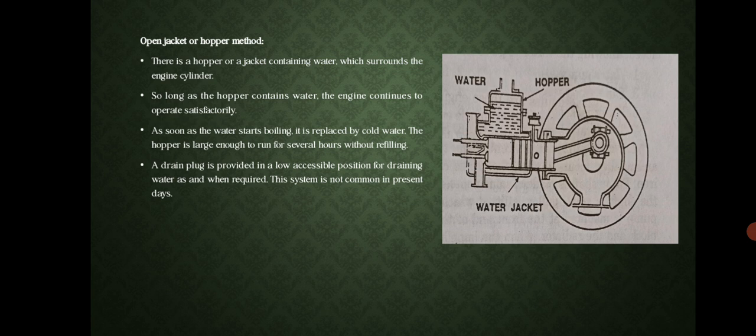As soon as the water starts boiling, it is replaced by cold water. The hopper is large enough to run for several hours without refilling. A drain plug is provided in a low accessible position for draining water as and when required. This system is not common in present days.